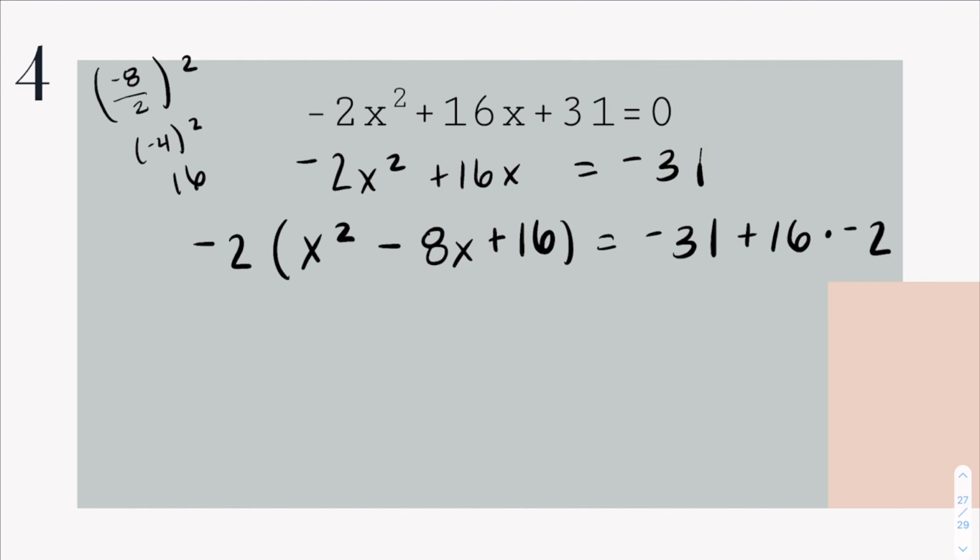All right, now we have some simplifying to do, and we need to rewrite our perfect square trinomial as our binomial squared. So we have -2 times x minus 4 squared equals, so here this is -31 plus -32. So we're going to have a negative 63.